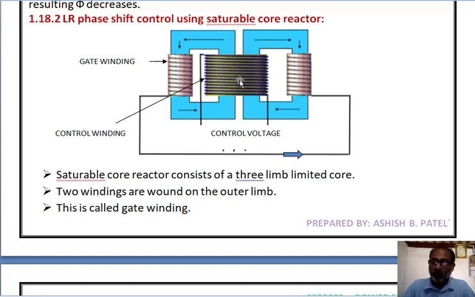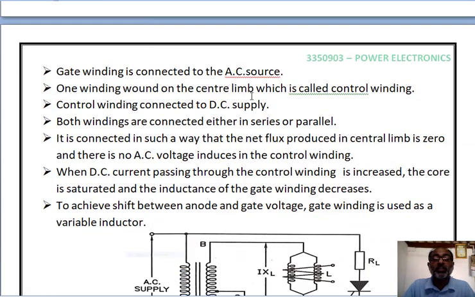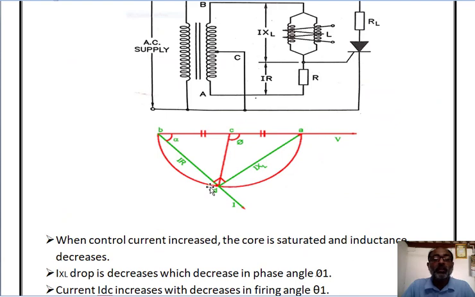To get the phase shift between the anode and gate voltage, we are using a variable inductor. The gate winding is used as a variable inductor, which is most important.